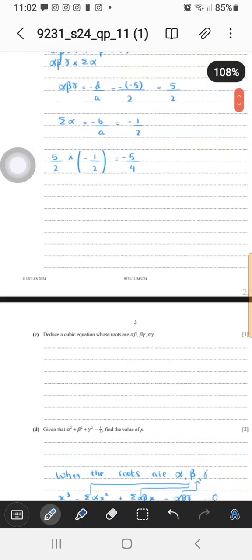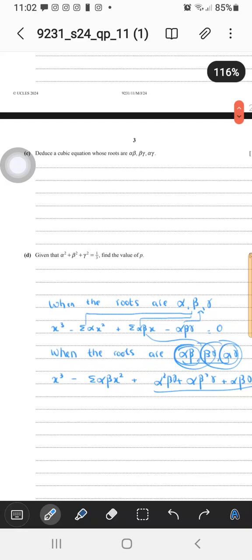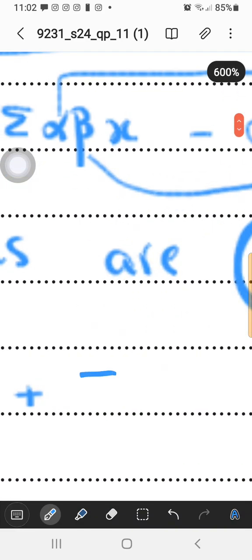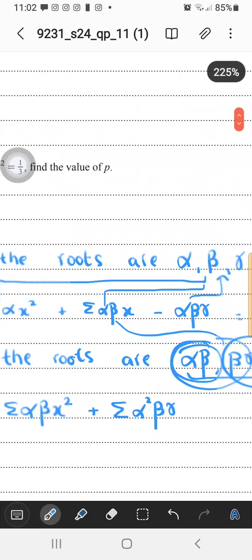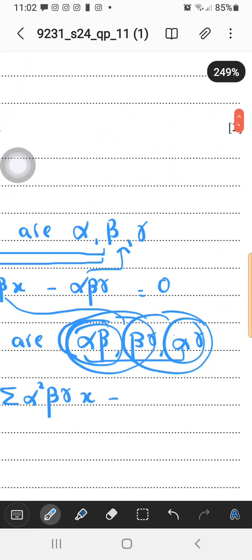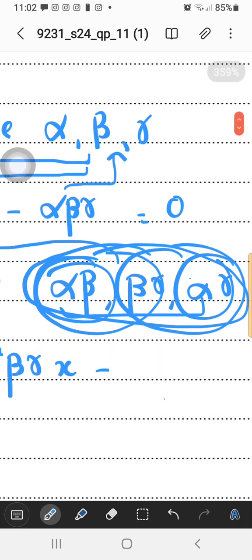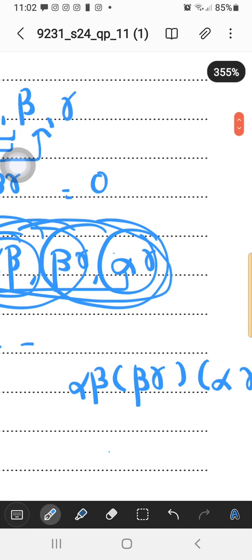So if we notice, we got that expression. Okay, so in the general equation, I can write sum of alpha square beta gamma x and minus the multiplication of all of these: alpha beta, beta gamma and alpha gamma.